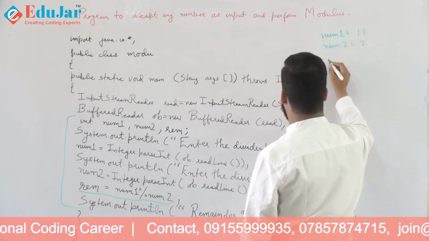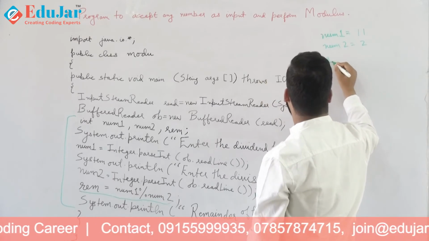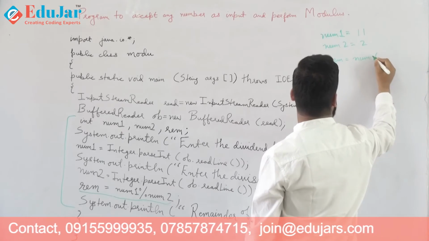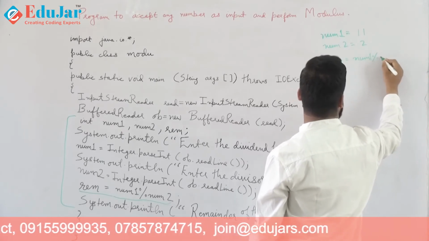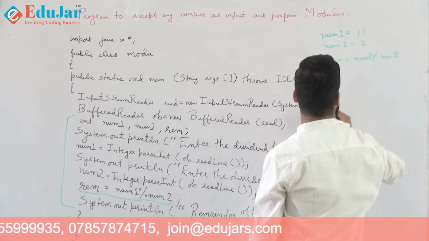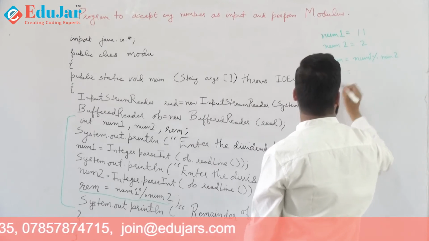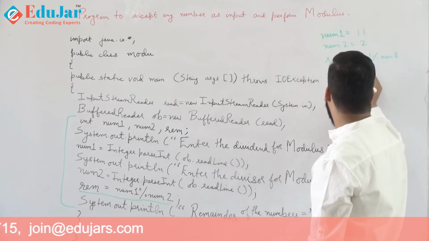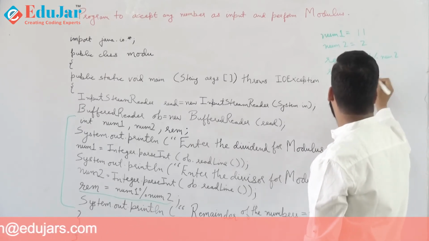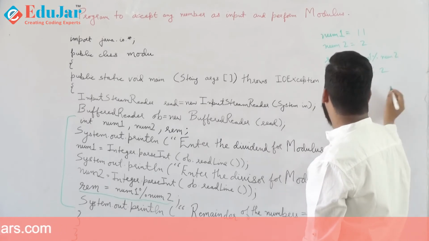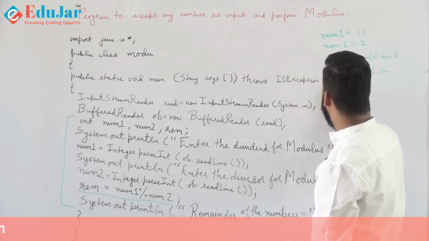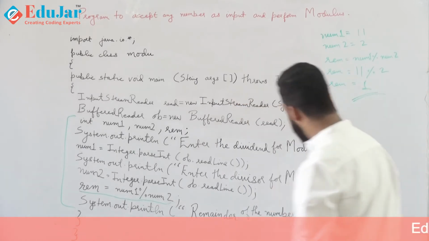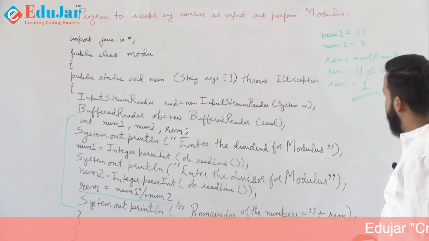So rem equals num1 modulus num2. What is the value of num1 that the user has entered? 11, and modulus 2, 11 modulus 2. So what will be the remainder? Rem will be 1. So this is the answer that will be displayed.